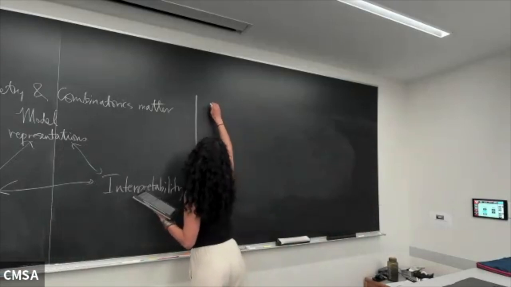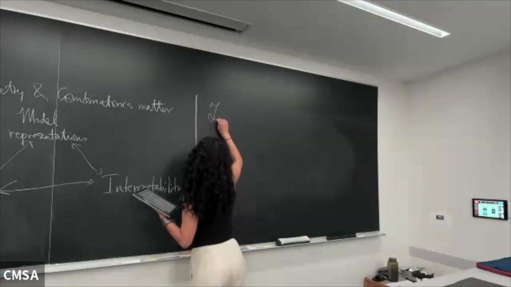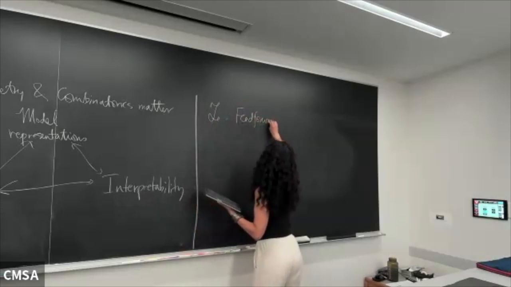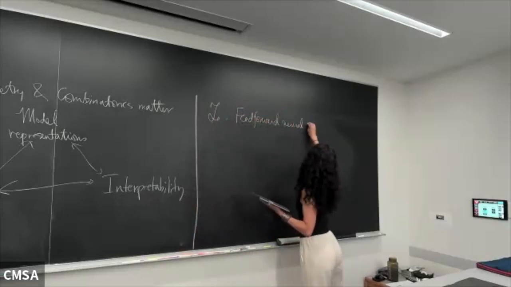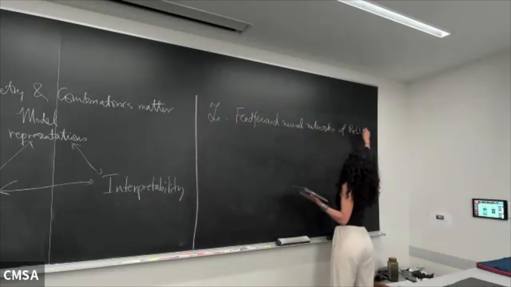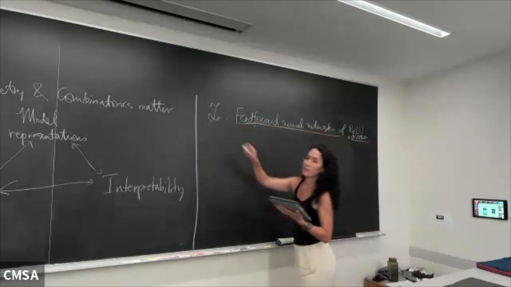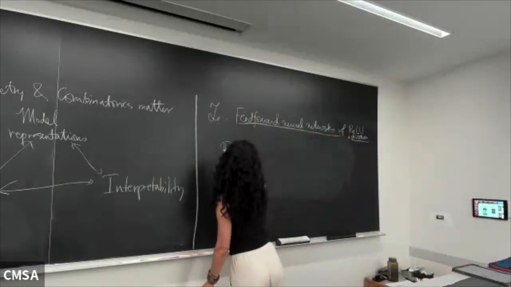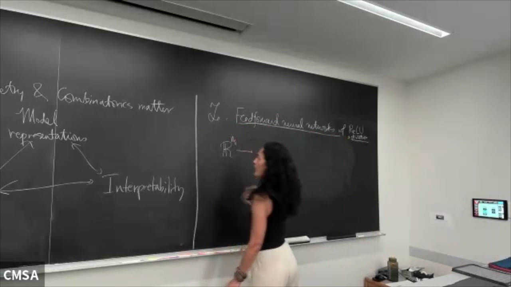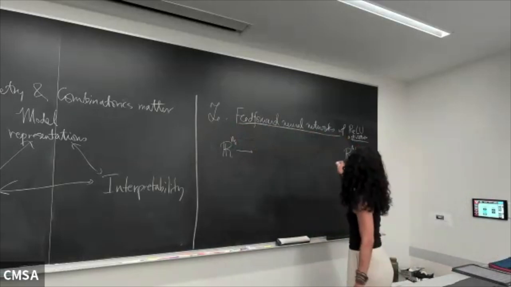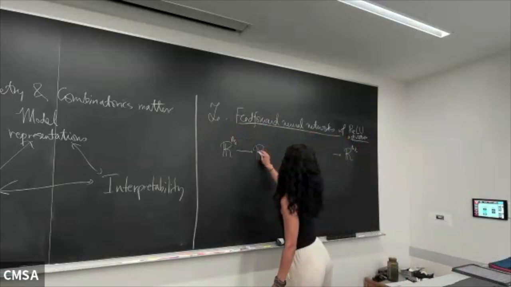So I'm describing F. This is a class of functions from R^n0 to R^nd that's realized as a composition of maps of a very particular type.